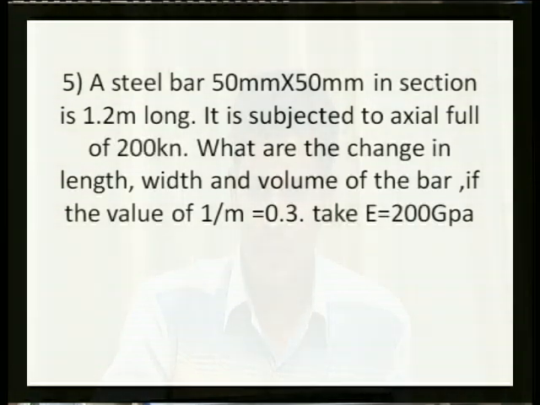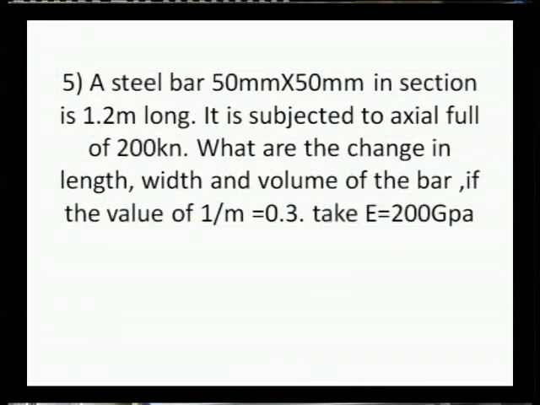It is subjected to an axial pull of 200 kilonewton. What are the change in length, width and volume of the bar if the value of 1 by m, that is Poisson's ratio, is 0.3? Take E is equal to 200 GPa. This is one of the important problems, so we can solve it here.